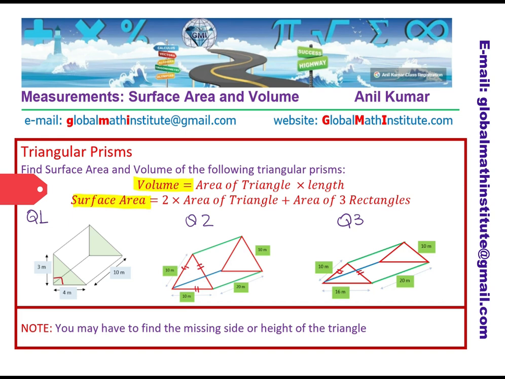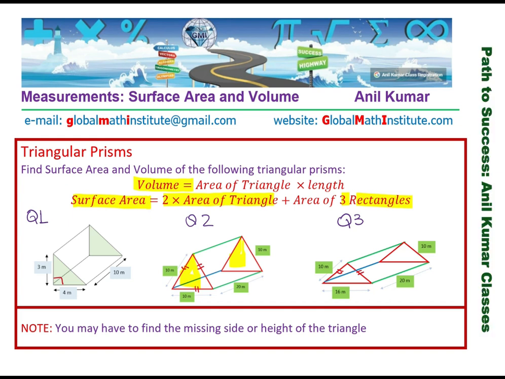For finding surface area, you may even draw a net, or look into it as two different triangles, one on each end, and an area of three rectangles. Now, these three rectangles could be similar or different. If it's an equilateral triangle, all of them will be similar. If it is an isosceles triangle, two will be same.